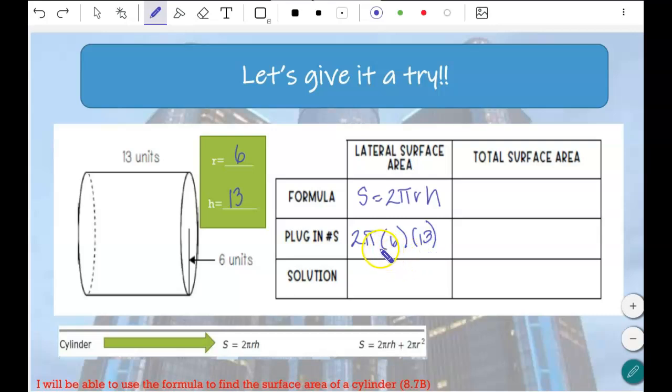Now you can just put it into your calculator just like you see it. You're going to do 2, and remember the pi key is above the caret key, so second pi, and then times 6 times 13. And it comes out to 490.088. So we're just going to round that to 490.